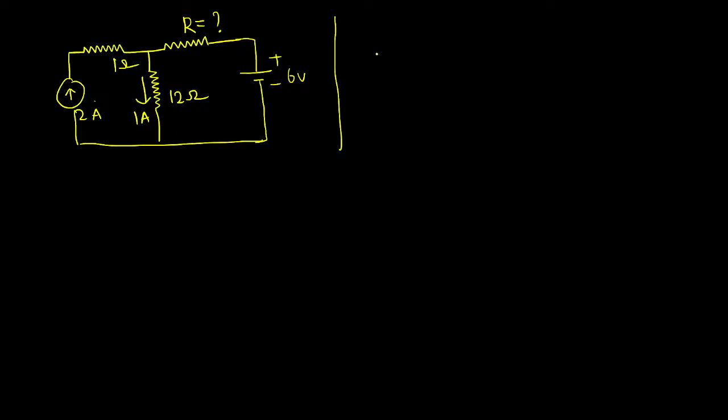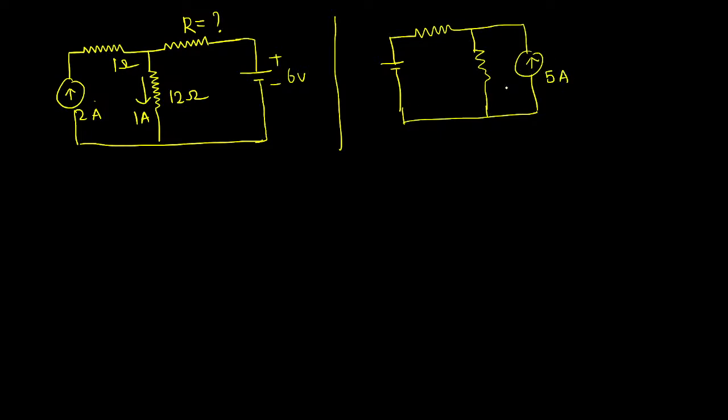Then the next question is, let me draw it. They had given a voltage source, and here there is one resistor, here there is one more resistor, and here there is one more current source. This is the second question. Current source value they told is 5 ampere, this is 5 ohm resistor, this is 5 ohm resistor, and this voltage is 10 voltage.